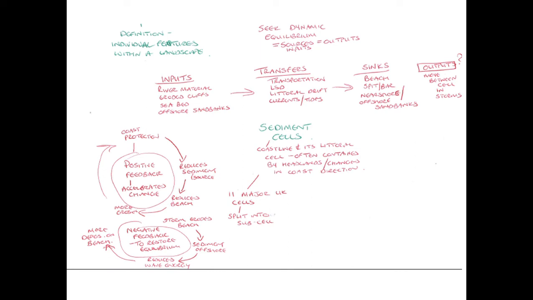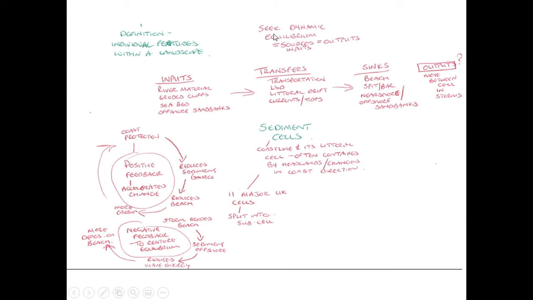And these sediment cells can also be split into subcells, where there is only a small amount of movement between the different subcells, but very little of an output between the main sediment cell itself. And this is very important in understanding the management of coastlines in its holistic form today.